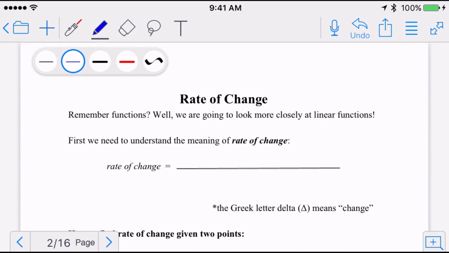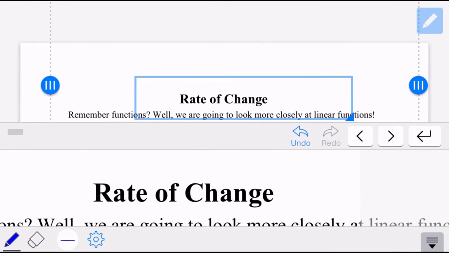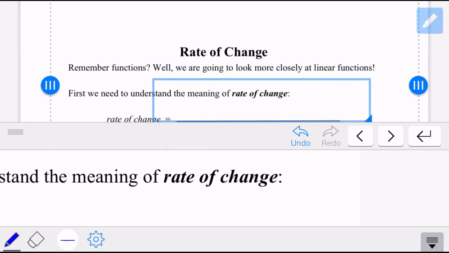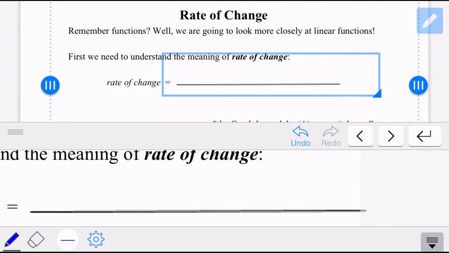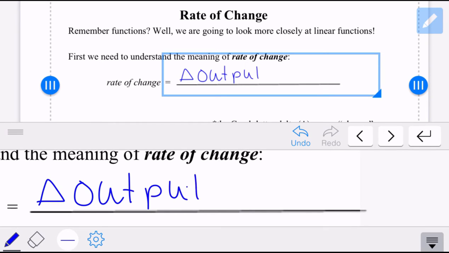So first we need to figure out what is rate of change. What's the meaning of it? Well, rate of change is going to be the change in your output over the change in the input. So remember what we had before. What was the output? Does anybody remember what variable that was? Yep. Change in the y.